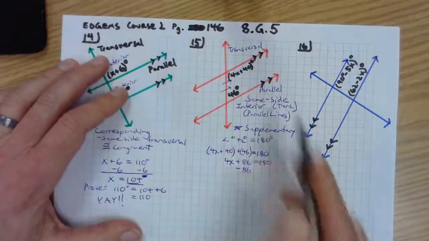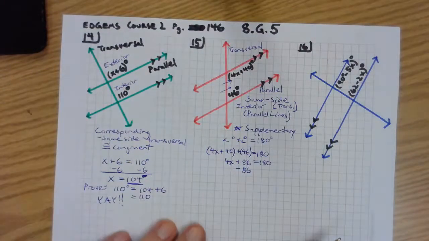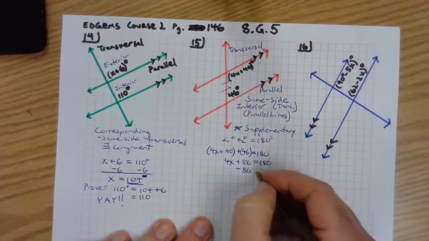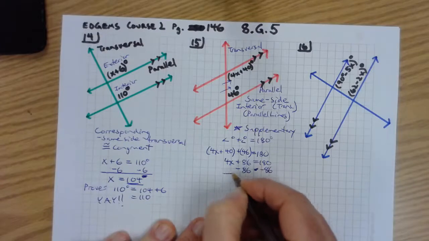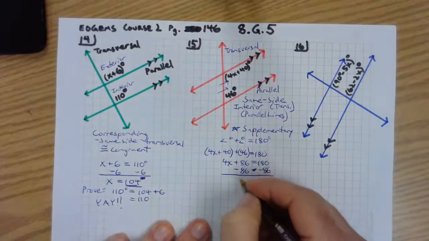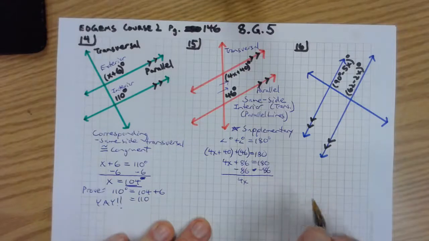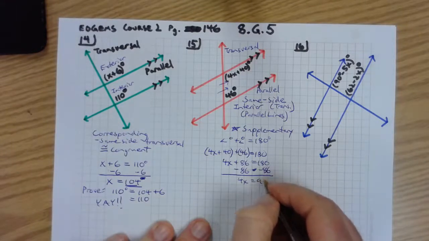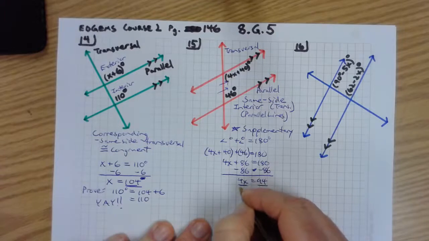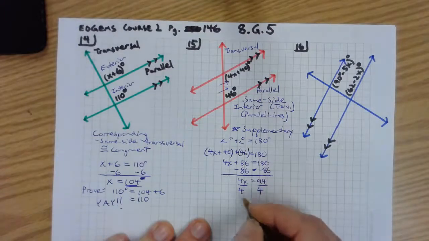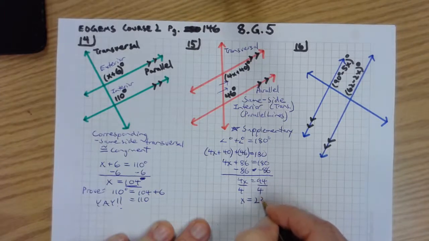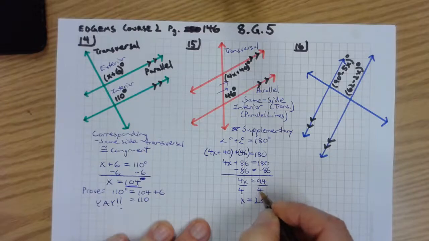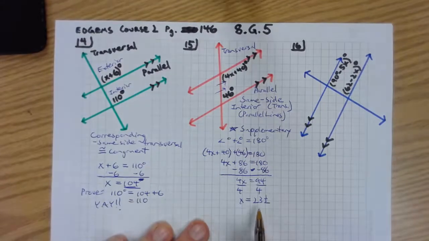So the key here is really knowing and understanding not just the names and definitions of these angle pair relationships, but also the characteristics and what they actually mean can help us set up these equations. 80 minus 86 is 94. Divide by 4. Uh-oh. 23 and a half. 23 would make 92, and then 2 left over. So x equals 23 and a half.